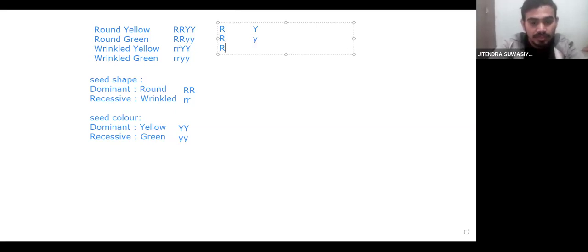Small r with capital Y will be segregated. Then small r with small y will be segregated. Now we will do the crossing between these.